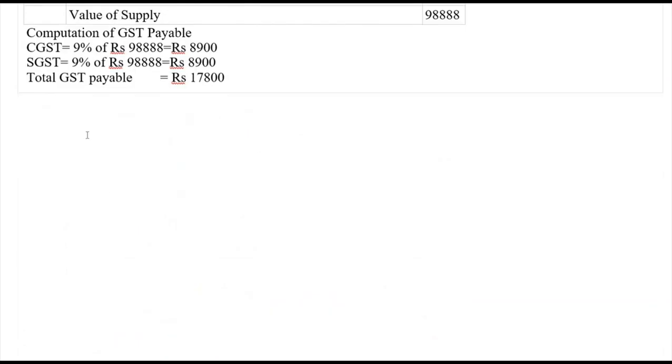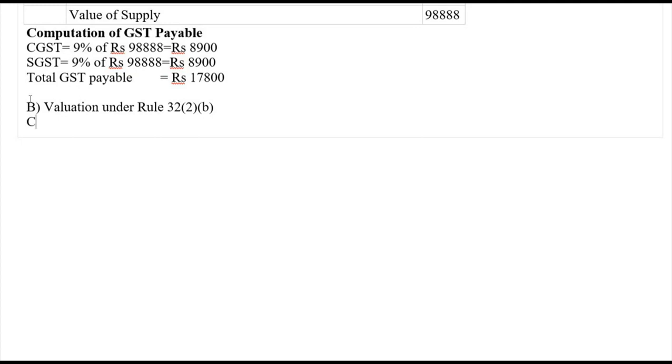Similarly, we should go for finding out the same thing here. Let me make this bold here. So the next one here, that is B, valuation under rule 32 sub rule 2 clause B. So for computation of value of supply, let me insert the columns now.